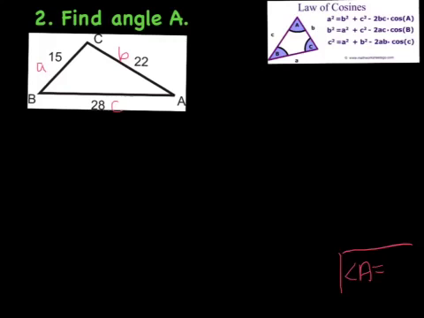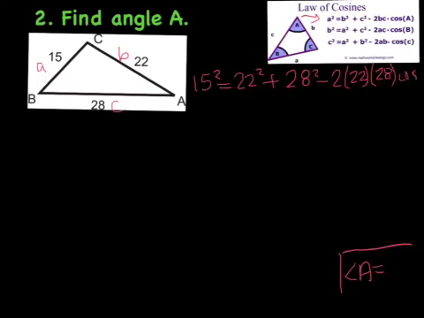Okay, so we're using the first one, this one. So we have a squared, which is 15 squared, equals b squared, which is 22 squared, plus c squared, which is 28 squared, minus 2 times b, which is 22, times c, which is 28, times cosine of a.